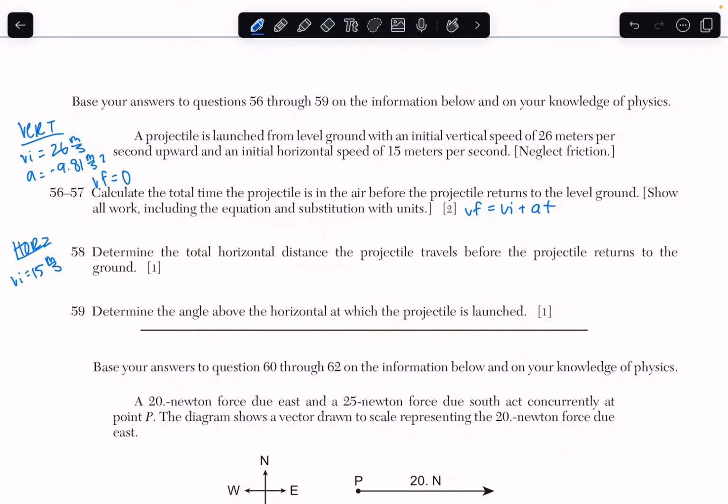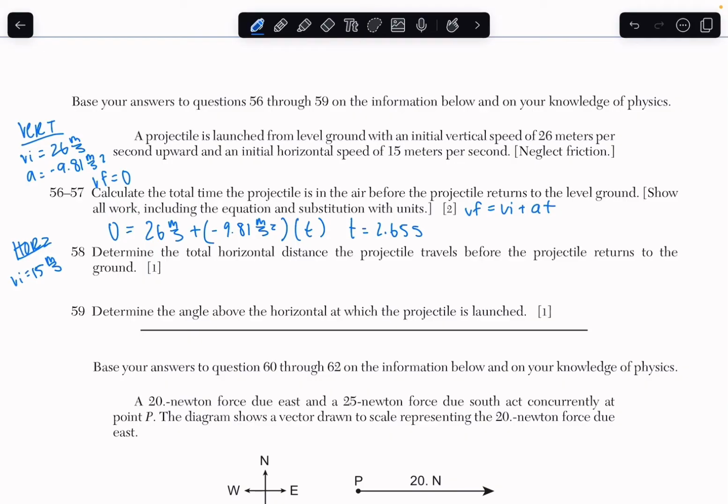Vf is 0. 0 equals Vi, 26 meters per second, plus negative 9.81 meters per second squared times time. So now we just subtract 26 on both sides. We're doing basic math. And after we do all that math, we should get time equals 2.65 seconds.